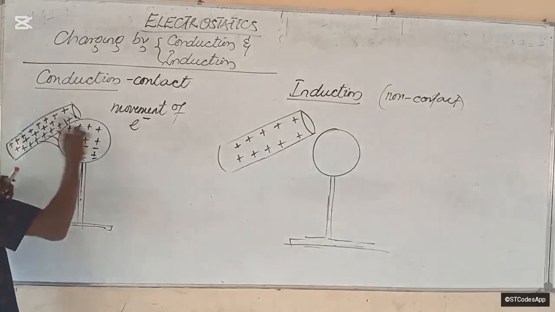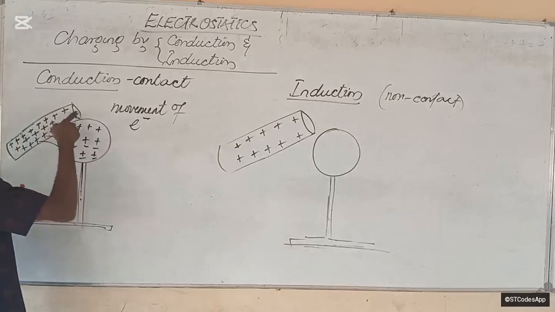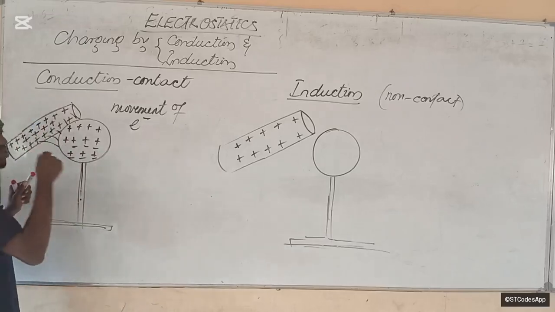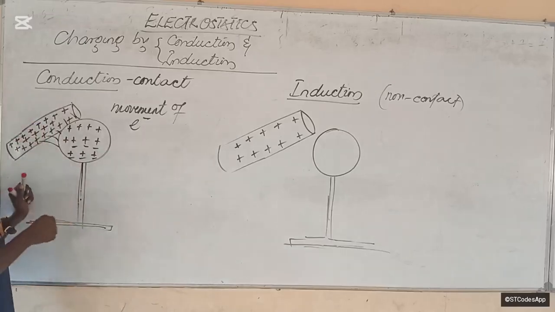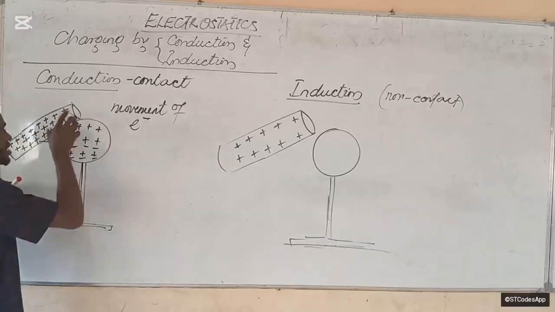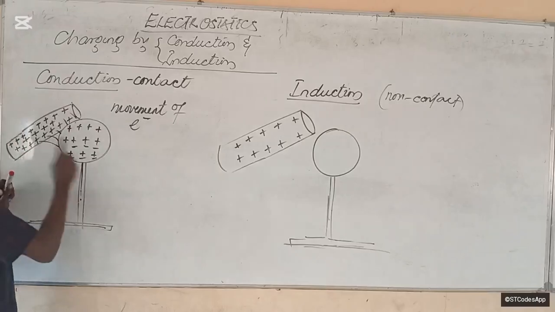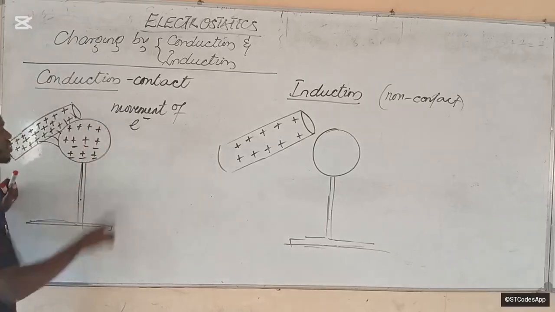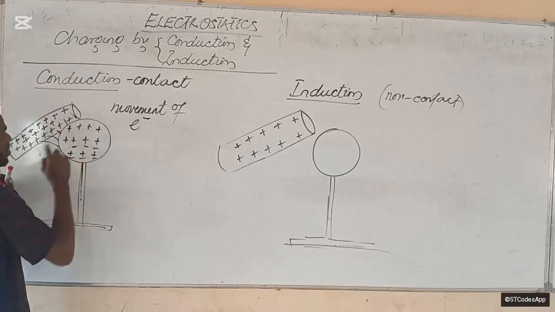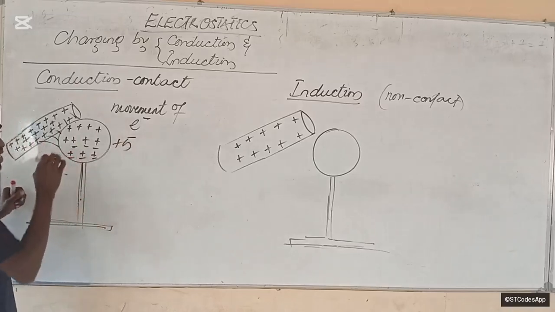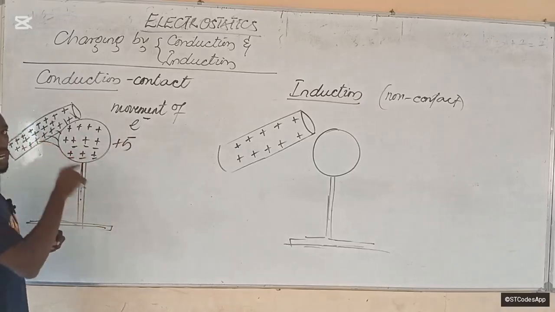Then the moment the charging rod is removed, this one will keep losing electrons until they've attained equilibrium. It is left with 5 more positive charges than negative charges.